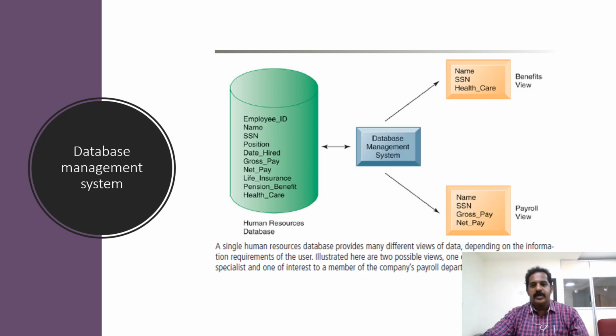When I need an employee's payroll view, the exact details or records of his name, SSN number, gross pay and net pay will be shown to the end user. As well, when I want to view just the benefits of an employee, his name, his SSN and his healthcare will be shown. That is how the database management system shows the exact data of an employee.